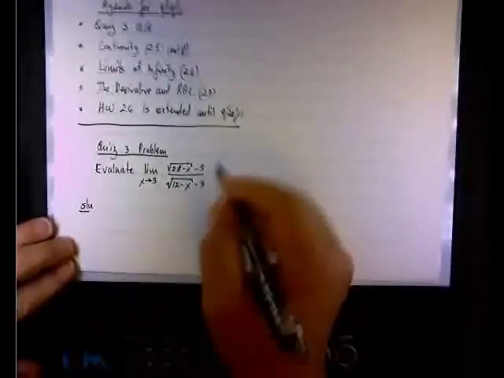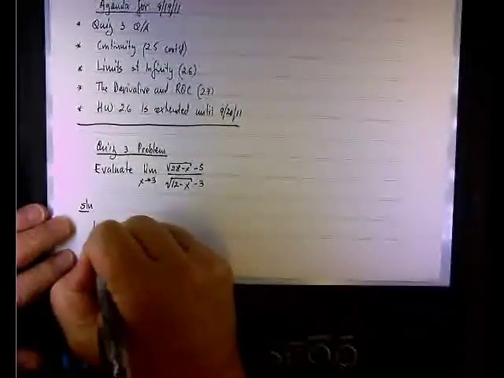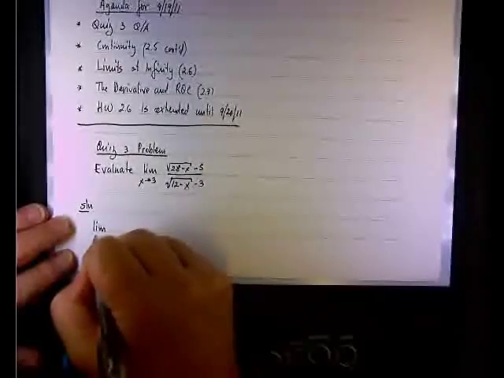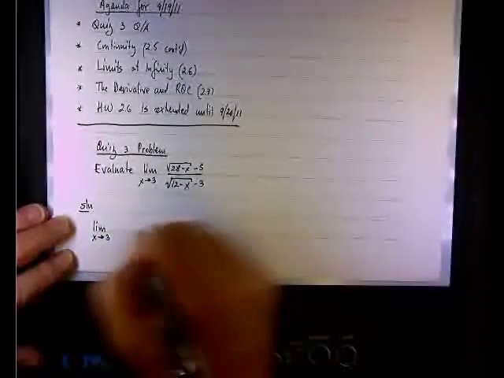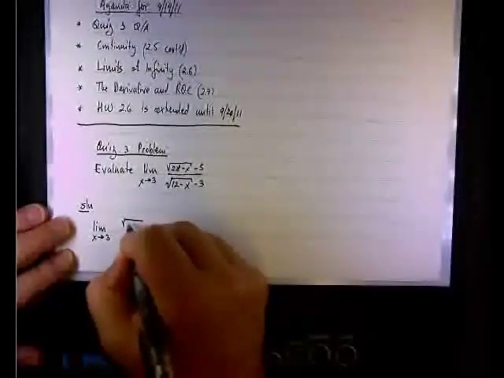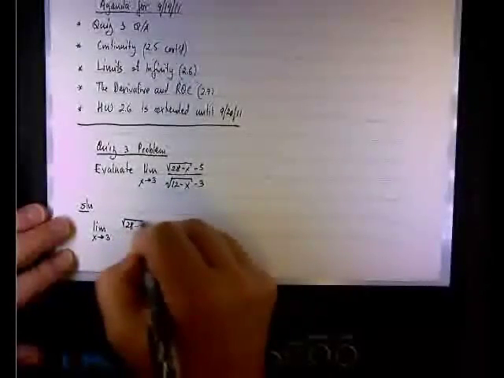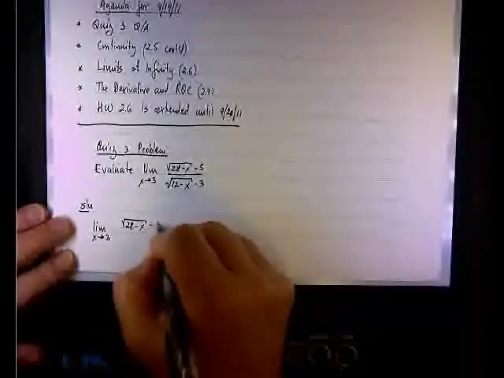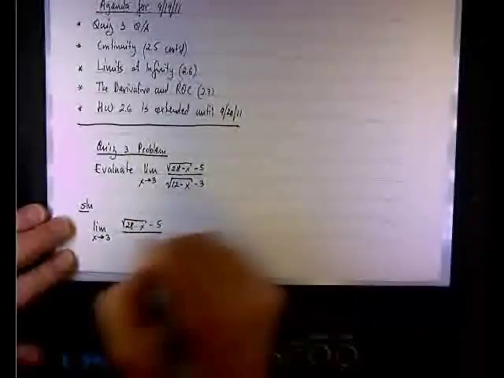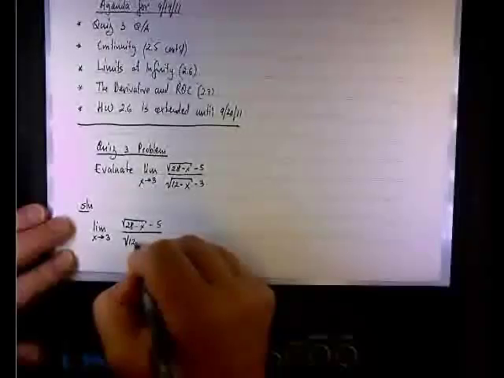So whenever you see a radical, I think it will be good practice, before you apply any of the limit laws, to go ahead and eliminate one of the radicals by multiplying by the conjugate.